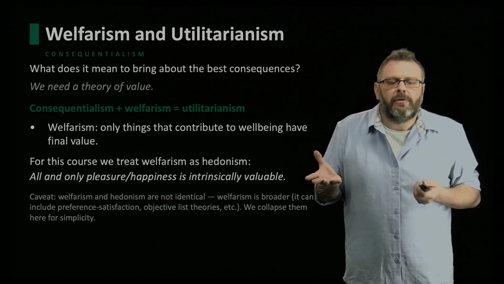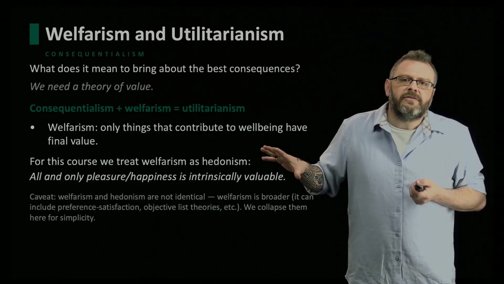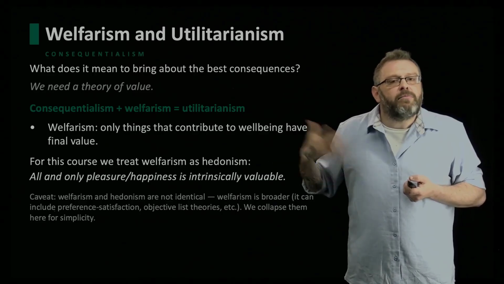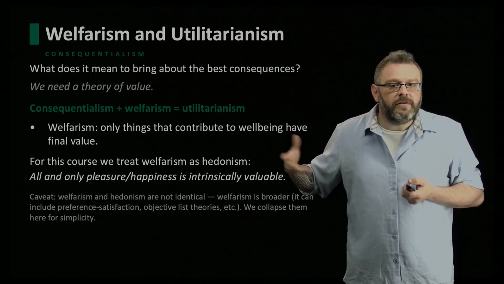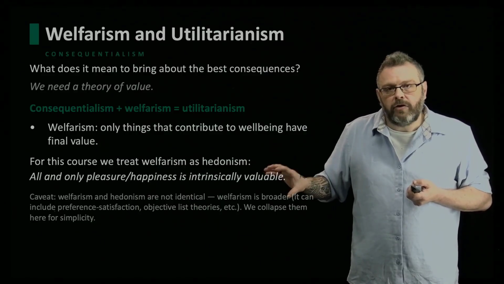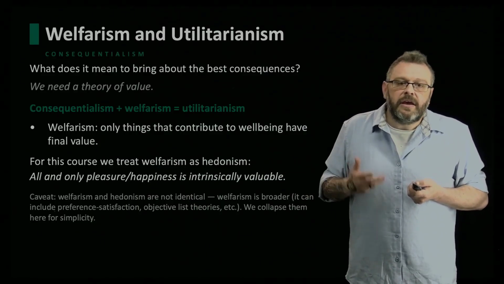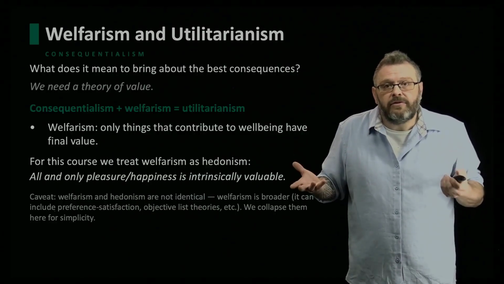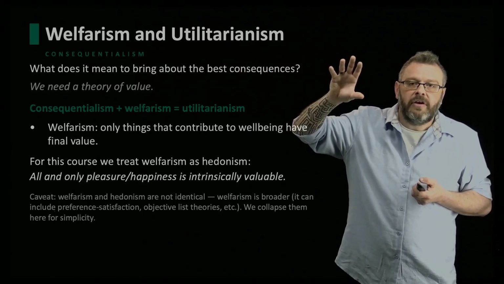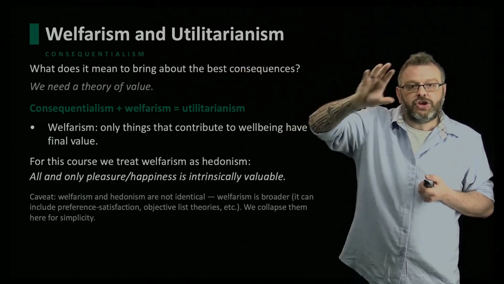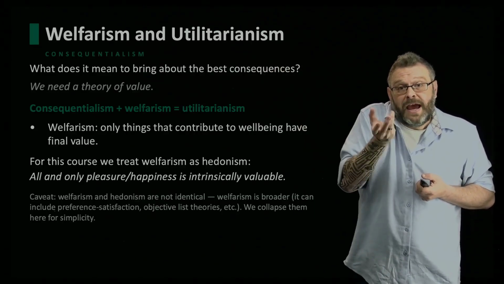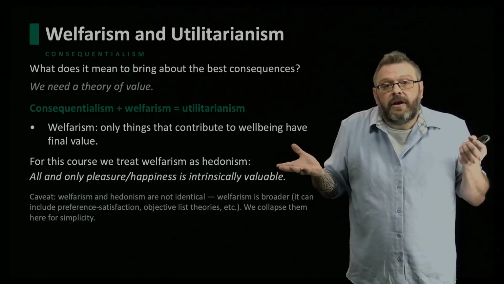That's not what we're talking about here. A hedonist value theory is one that just identifies pleasure or happiness as the only thing that has intrinsic or final value. It's the only thing that's valuable for its own sake. And in a lot of cases, this makes sense, right? If I trace stuff that I care about, a lot of times at the end of that chain of stuff that I care about, the reason I care about it is because it makes me happy, right? So it's not a crazy idea.